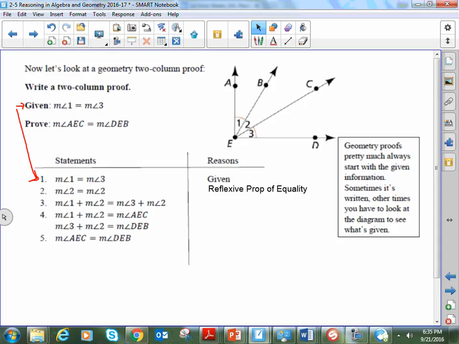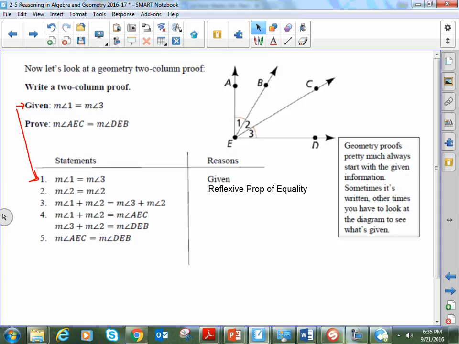You can see a little bit of overlapping things here. In the diagram, there are several angles that we could name. I could name the overall angle AED. I could name a smaller angle AEB, but I could also name a smaller angle AEC that contains angle 2, and another smaller angle BED that also contains angle 2. Because angle 2 is shared between more than one angle, it has the same measurement, so that has to be the same.